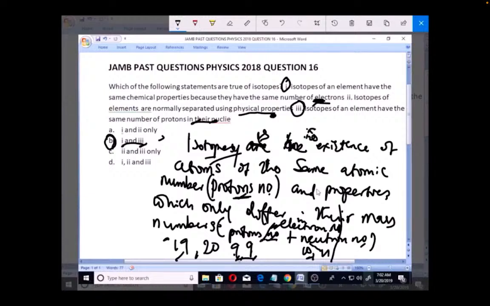They have similar properties because of this similar proton number, but they only differ in their mass numbers. They differ greatly in their mass numbers. So that is the answer for this.